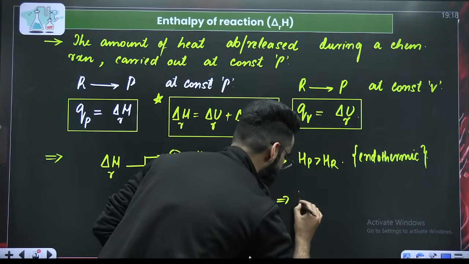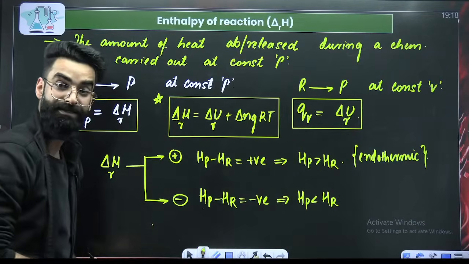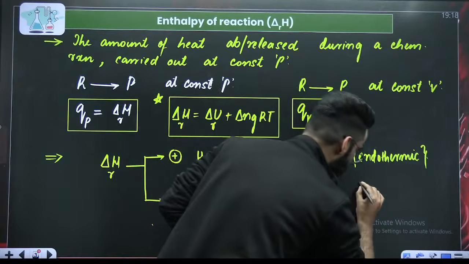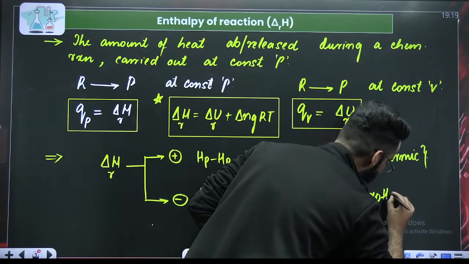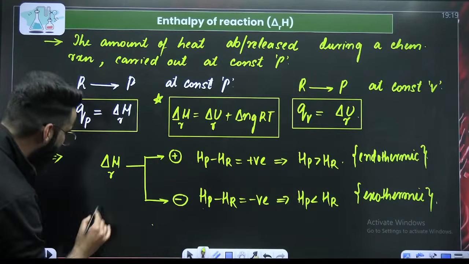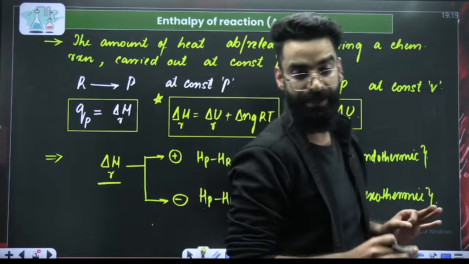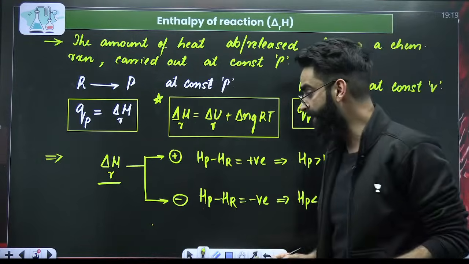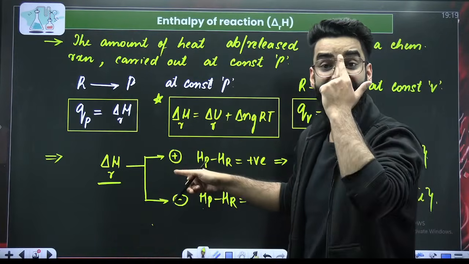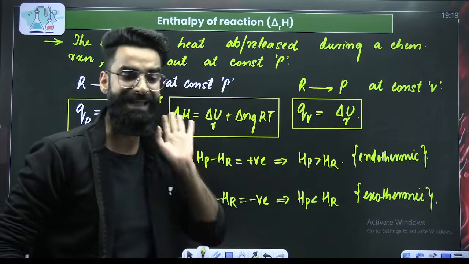This can be only negative if enthalpy of products is less than enthalpy of reactants. And those reactions for which delta H comes out to be negative, you call those reactions exothermic reactions. So, my dear students, on the basis of the sign of delta H, you are going to classify the reactions into two types. One is endothermic, one is exothermic. For endothermic reactions, delta H is positive. For exothermic reactions, delta H is negative.